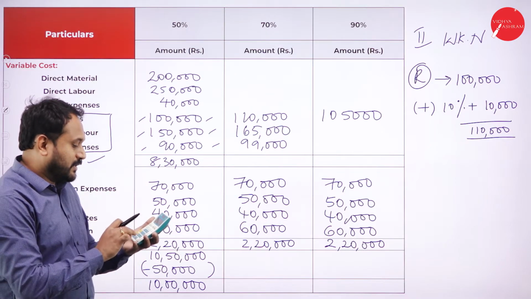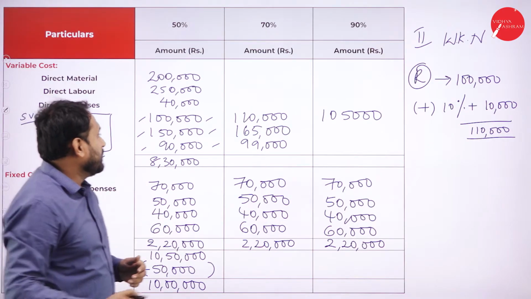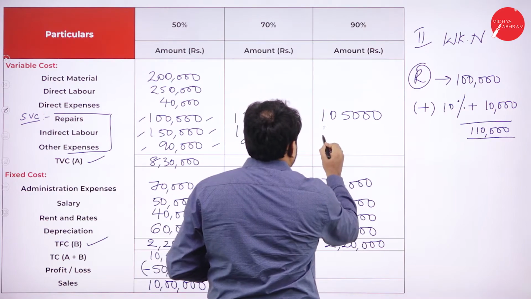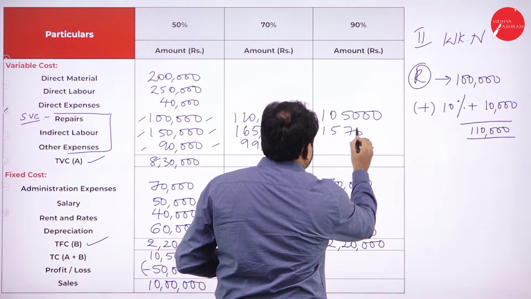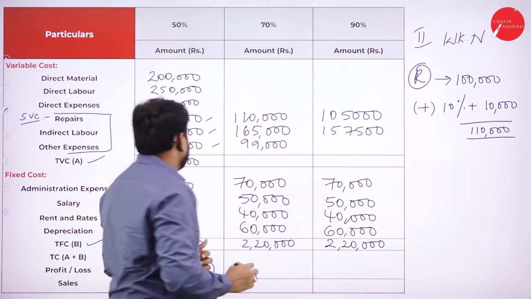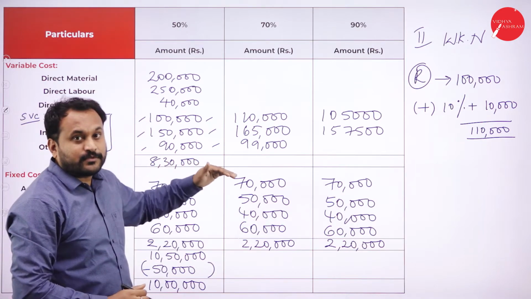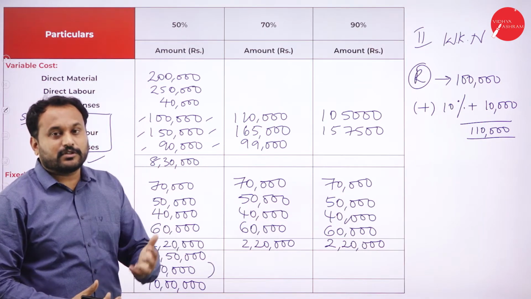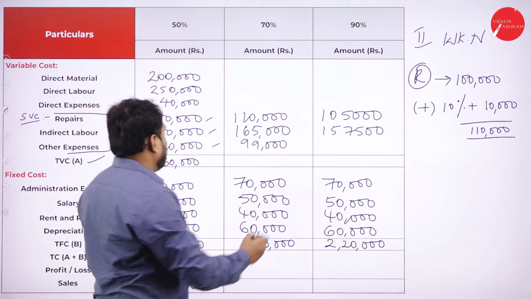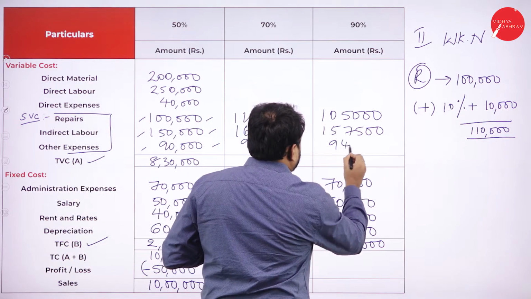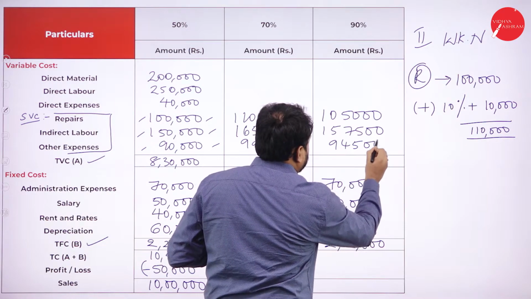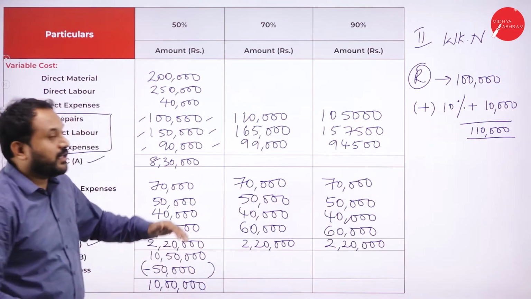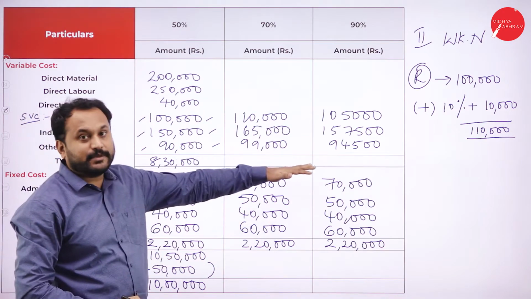So you are supposed to add it, giving 1 lakh 57,500. Now, you have 90,000. 5% means 4,500. If you add it, it is 94,500. So this is the semi-variable cost for 90%.